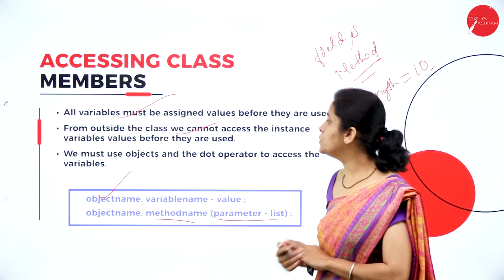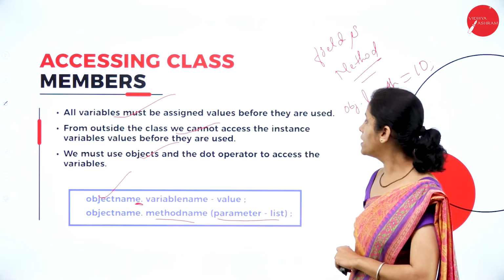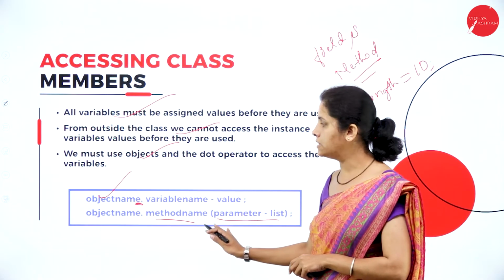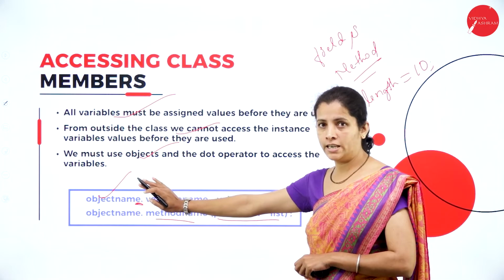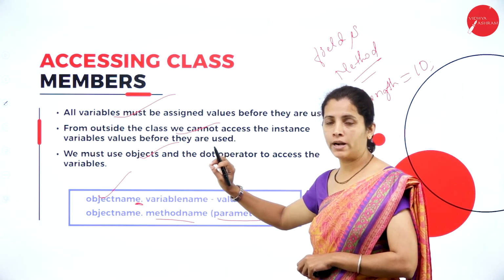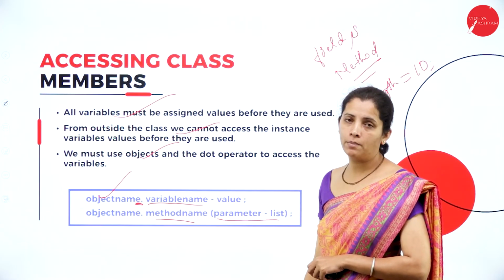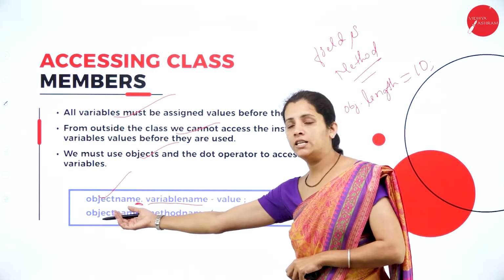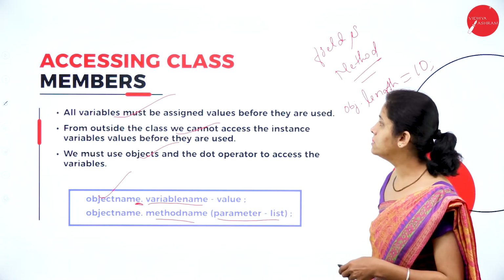We must use the object, then the dot operator to access the variables as well as methods. So what is the syntax? Object name, then dot operator and variable name or field name, and I assign the value. If it is a method, then object name dot method name, and I pass the parameters.